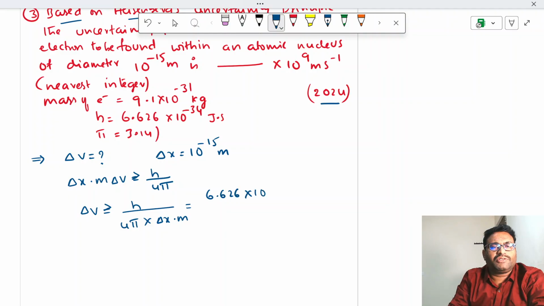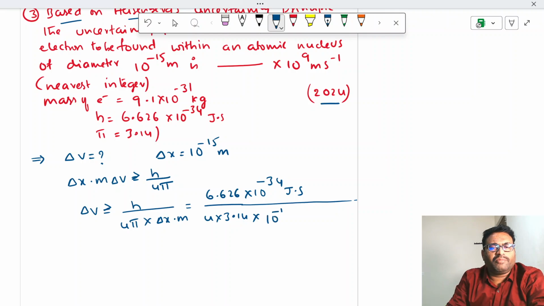That is equal to 6.626 into 10 power minus 34 joule second by 4 into 3.14 into delta X, which is given as 10 power minus 15 meters, into the mass of the electron. Mass of the electron is 9.1 into 10 power minus 31 kg.